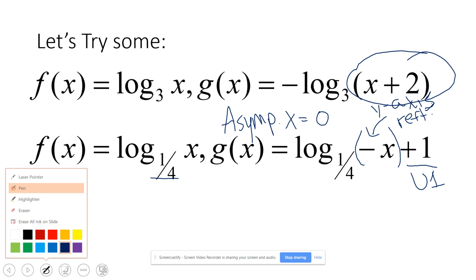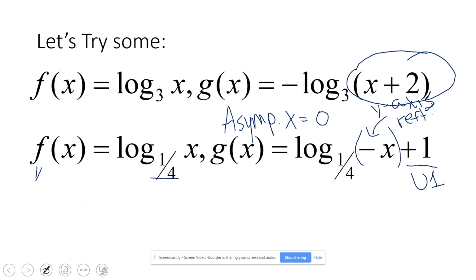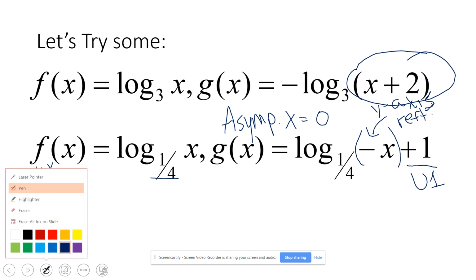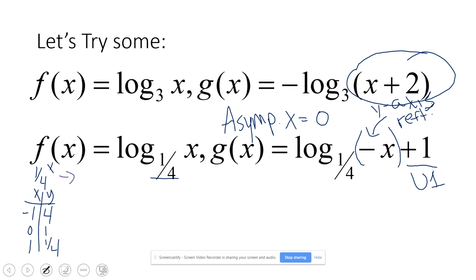With 1/4 being our base, then we start with 1/4 to the x power. And I'm going to use again negative 1, 0, and 1. You can use whichever ones you want. But if you pick it, you plot it, right? So those are our first set of points. Now we use the inverse function, log base 1/4 of x.